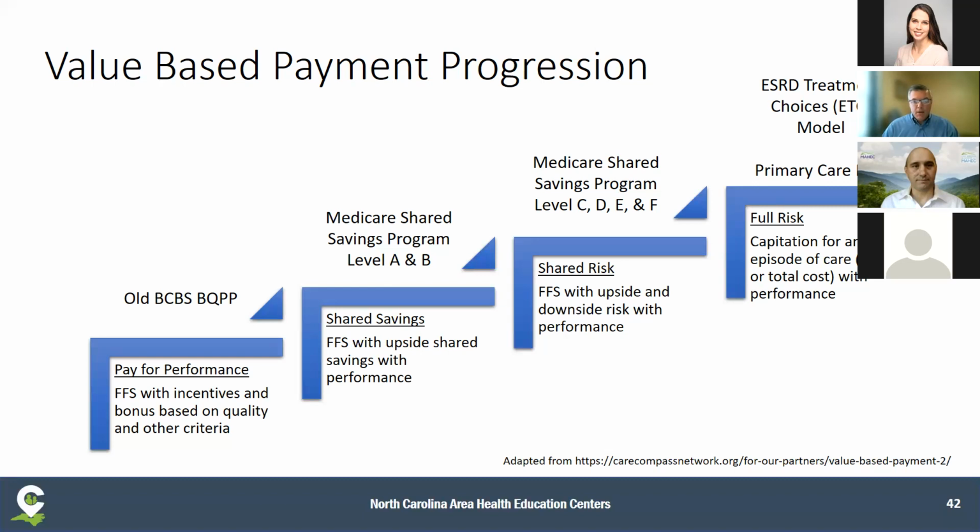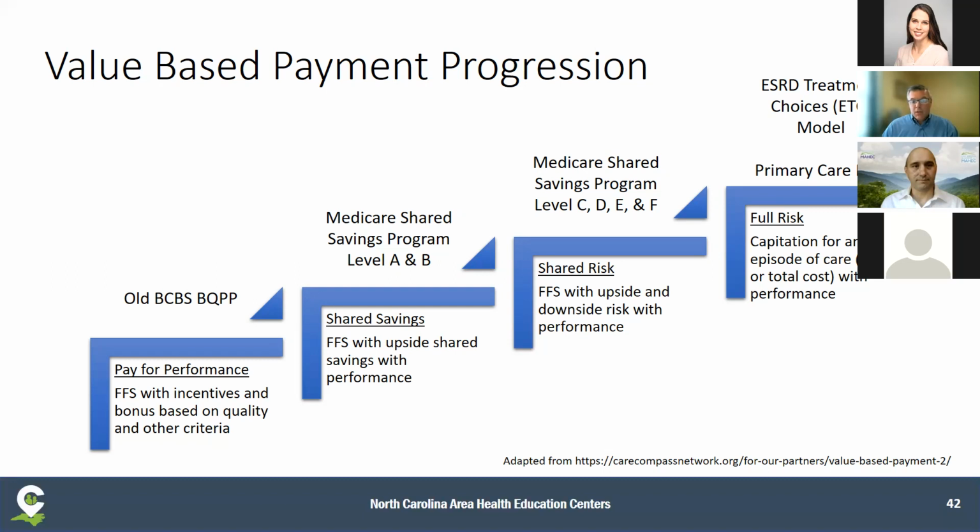Regarding Medicare, there's the level C, D, E, and F of the shared savings program. That's where it builds in both upside opportunity and downside risk based on performance. So now you're getting into something really dynamic, where we're focusing on KPIs that will drive your improvement to make sure you're not hit with that downside risk or loss.